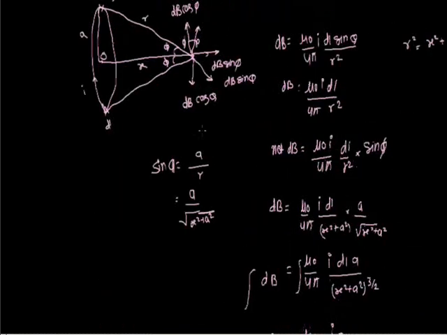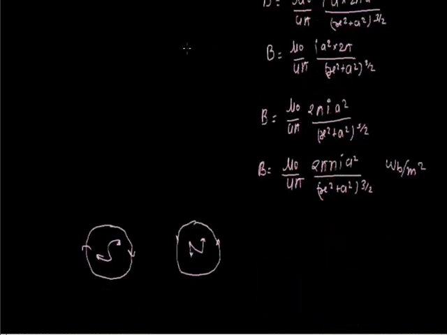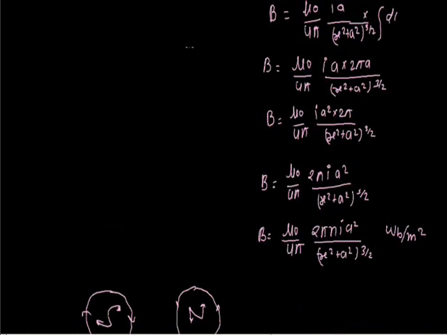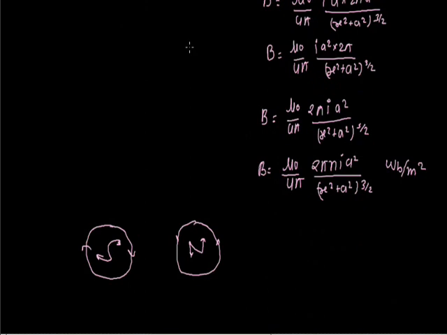In this derivation, if a person is standing at point P, if the current direction is clockwise, the face behaves as a south pole, and for anti-clockwise direction, as a north pole. This rule is known as the clock rule.